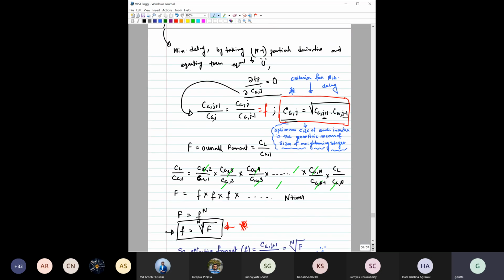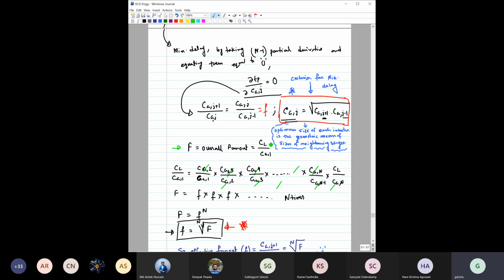Okay, now if you know this criteria, then what is the overall fan out? Finally we have to find the total delay, so we are approaching that. So what is the total overall fan out? Overall fan out means the C load that we are driving divided by the initial gate capacitance, which is Cg1.